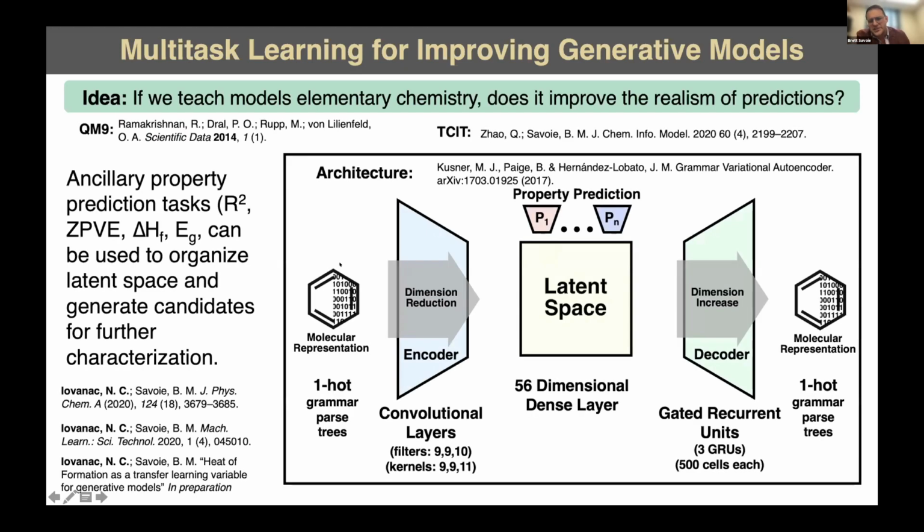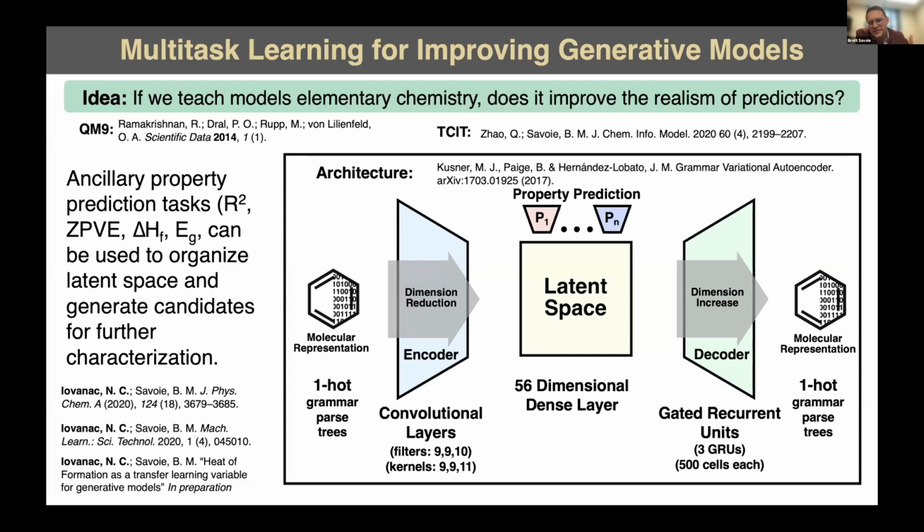The specific architecture that we're going to use is the grammar variational autoencoder. You can choose an architecture these days that can guarantee validity, but we actually wanted an architecture that still generates some invalid molecules, to see if our idea on its own can increase the validity of the predictions. So we're going to use the validity of the predictions as our initial surrogate for how much the model is starting to learn chemistry.